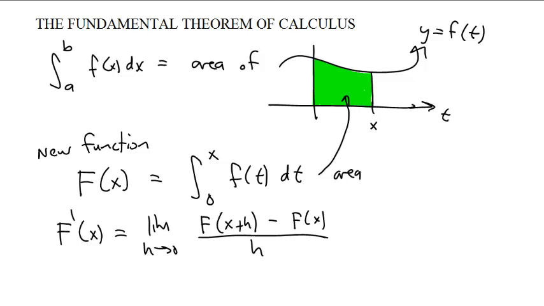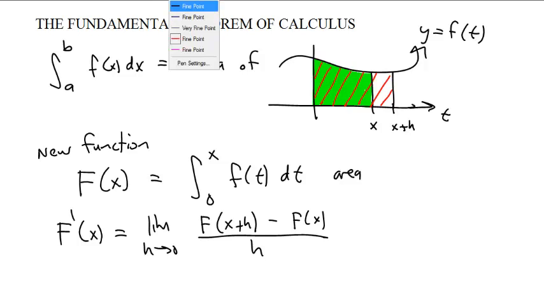Well, F of x plus h is not the area up to x, but the area up to x plus h. So we want the area up to there, which I will indicate with red slashy lines. That is the area of F of x plus h. And F of x, as we just said, was that green area.